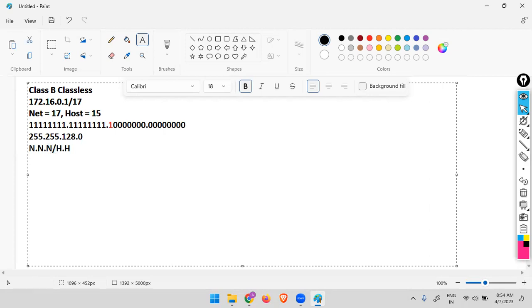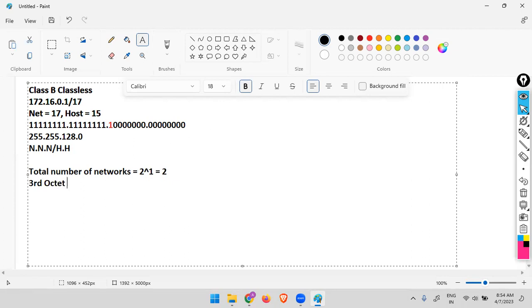If I want to calculate the total number of networks, 2 raised to the power of the number of borrowed bits, which is 1. That is only 2 networks. Earlier in class B we were getting 1 network. Now we divided that network into 2 networks.